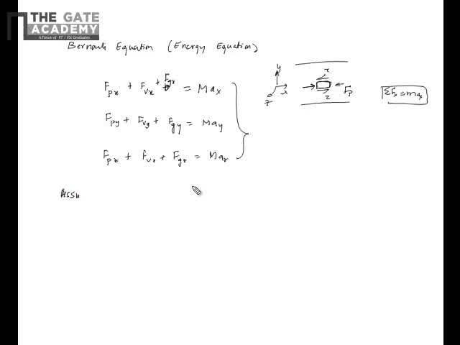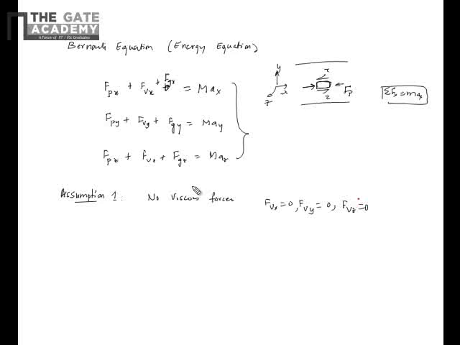Now assumption number one, we assume that there are no viscous forces. So all your shear stresses are not there, so your viscous forces, which we are denoting by Fvy, Fvz, are not there.